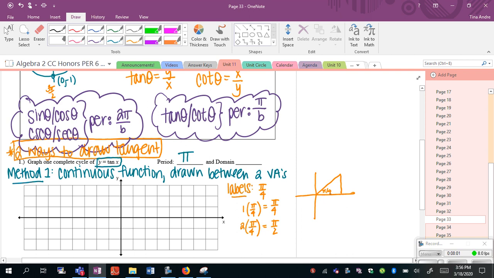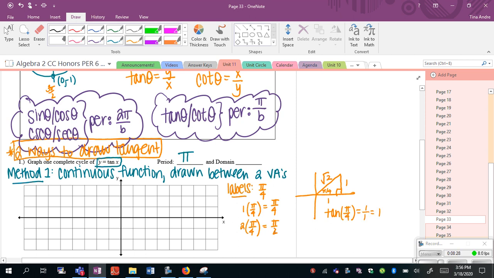This is equivalent to a 45, 45, 90 degree triangle. So this means my ratio here, I have 1, 1, and then this is going to be root 2. They're all positive values. So that means tangent of pi over 4 is going to be opposite over adjacent, 1 over 1, which is just going to be 1.